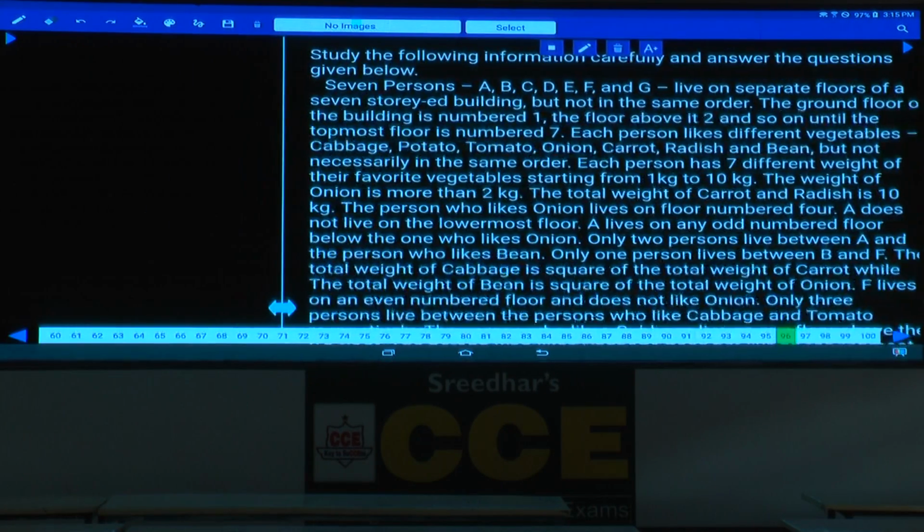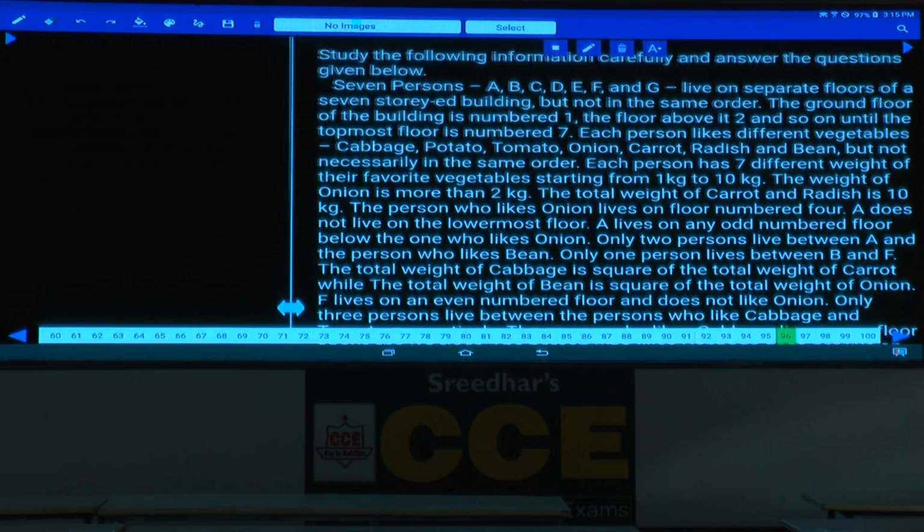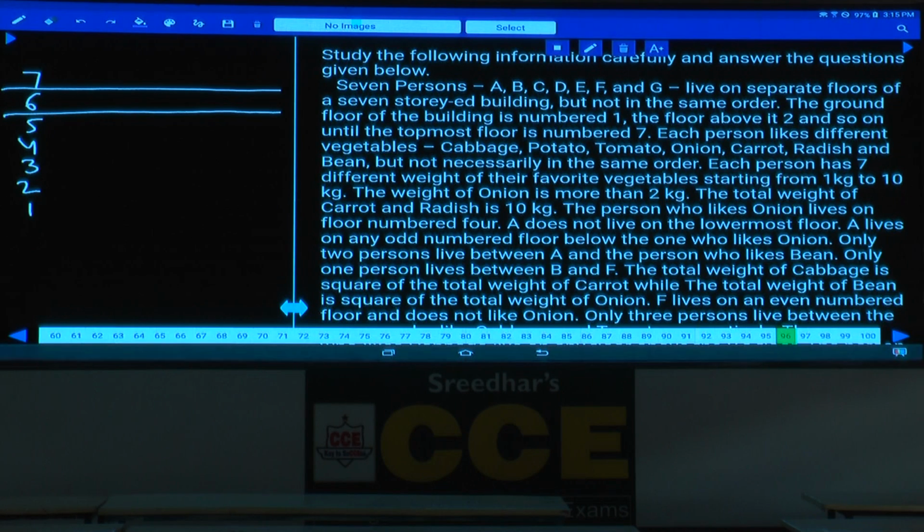Now let us start this one. From where can we start? First, the floors: 7, 6, 5, 4, 3, 2 and 1. What are the elements to be identified in this one?